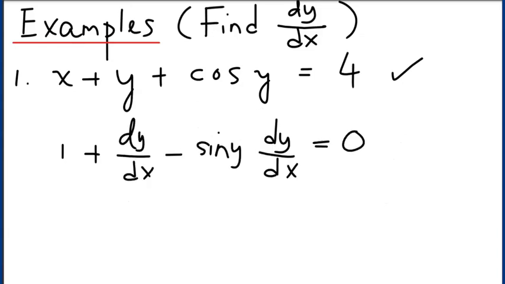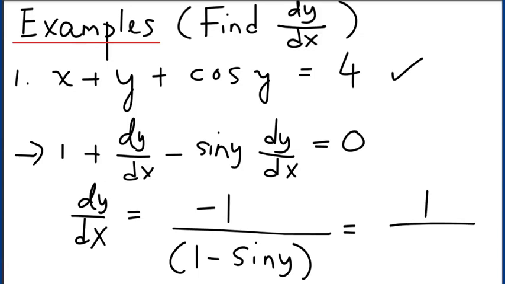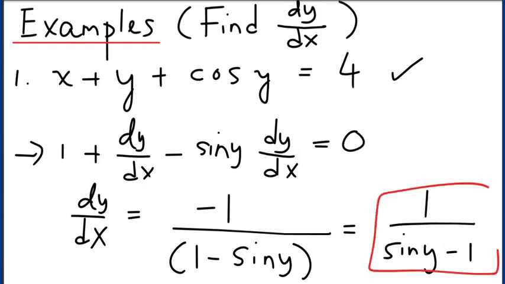Grouping them together, we end up with this line. Solving for dy/dx will simply give you minus 1 over 1 minus sine y, or simply 1 over sine y minus 1. So this is the result that we seek.